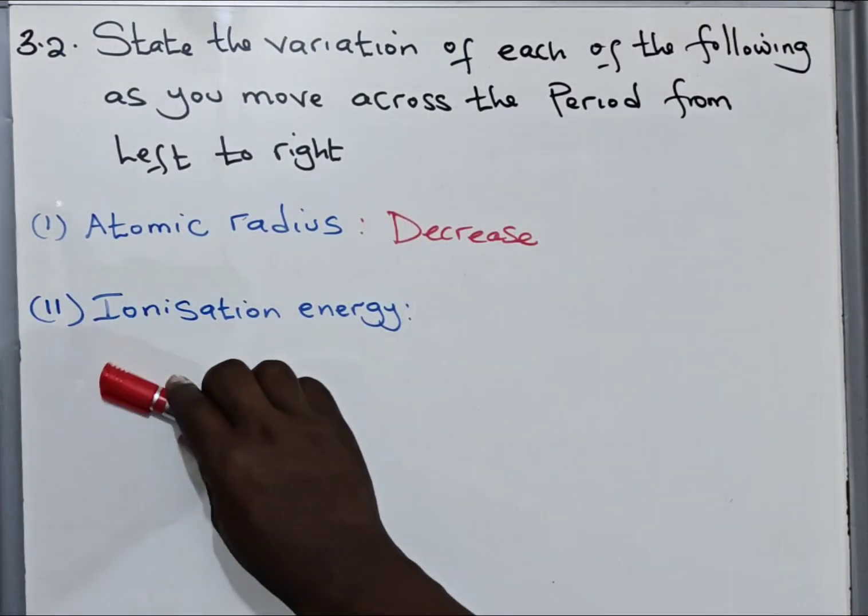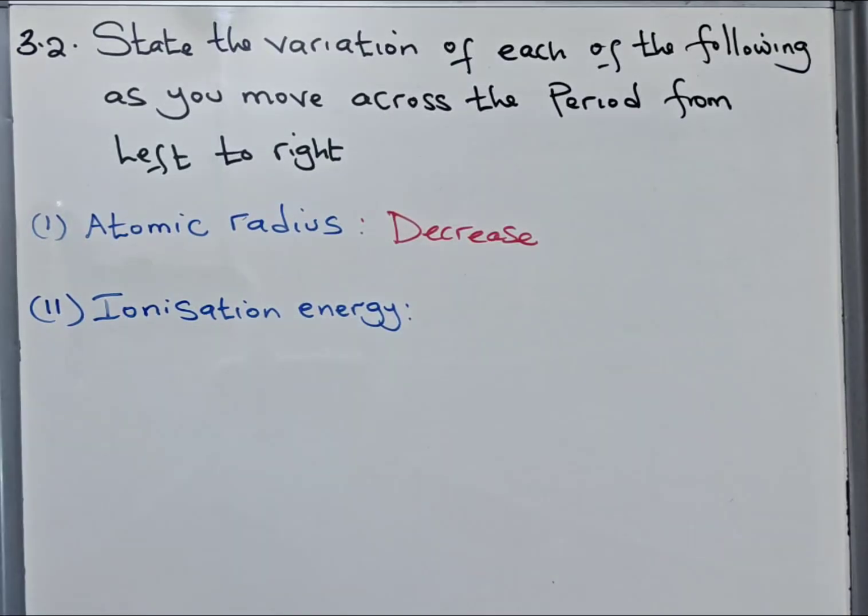Then comes ionization energy. We have to recall that ionization energy is the energy required to remove an electron from the atom. And we have to take note that this electron is being pulled against the attractive force of the protons in the nucleus. So when the atom is smaller, what happens?